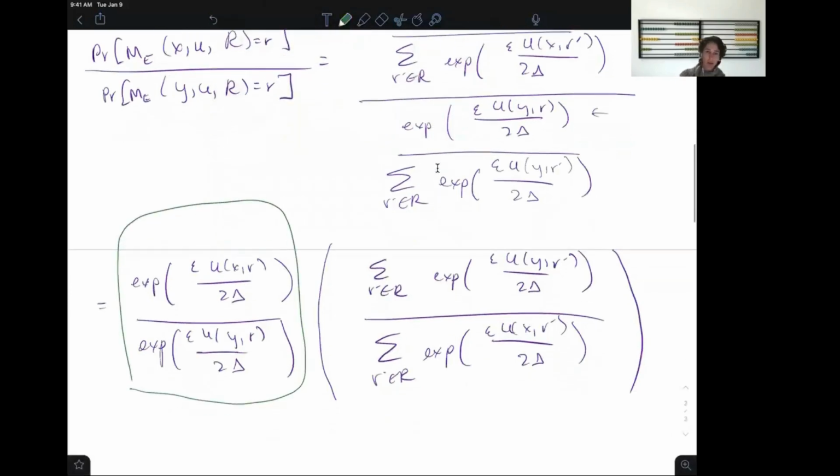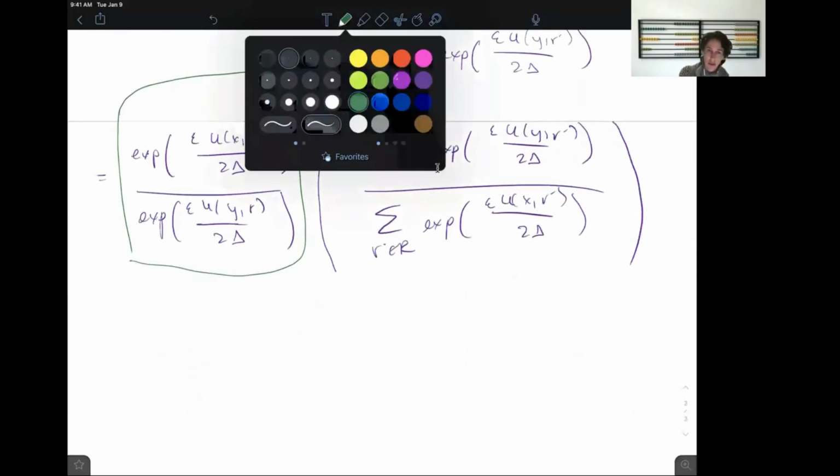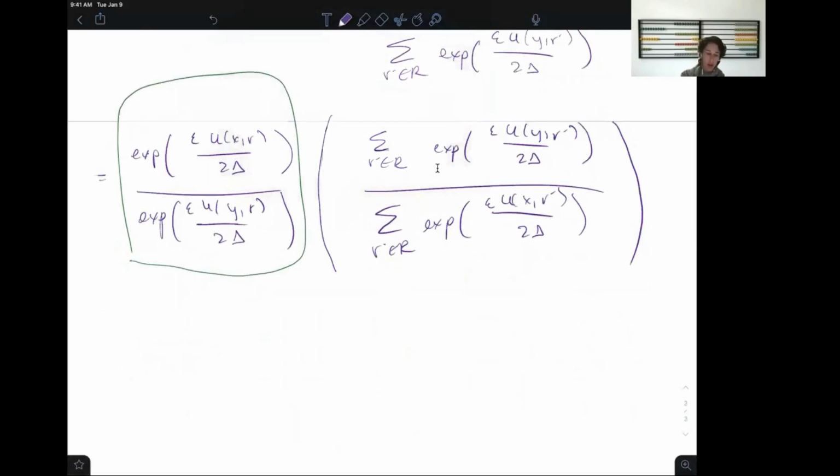Well, maybe I can keep rewriting it in the natural way and see if something familiar starts to show up. So this is equal to exp of epsilon times u of x, r minus u of y, r, over 2 delta. Well, that's looking promising.